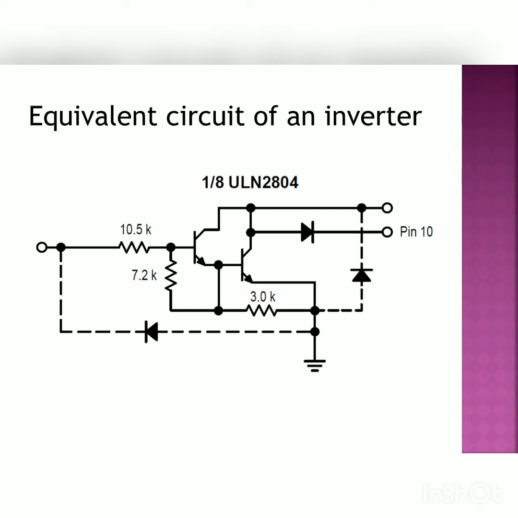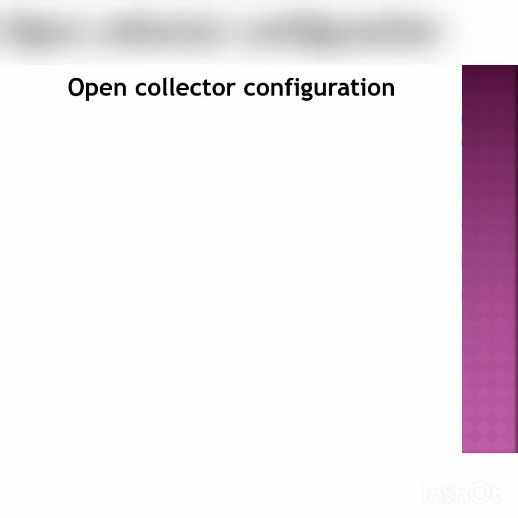This is to limit the current because the ULN2804 IC is designed for interfacing with 6 to 15 volt CMOS or PMOS/NMOS ICs. Now we will look at the open collector configuration.